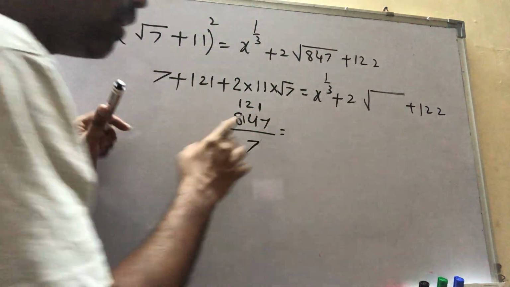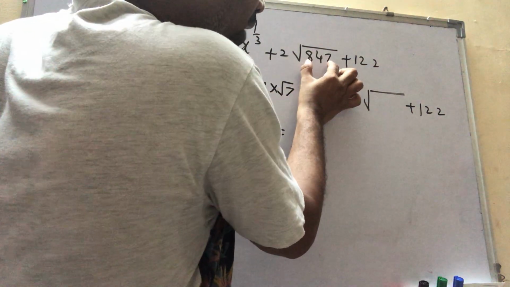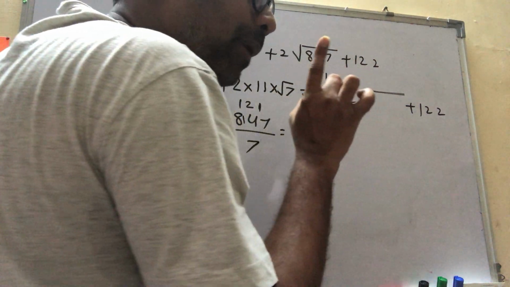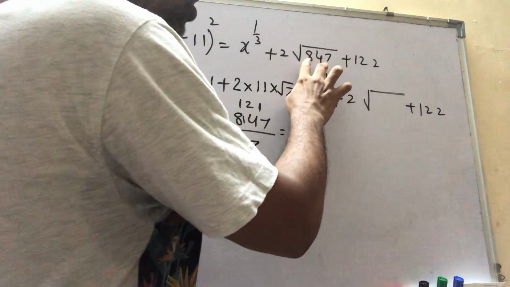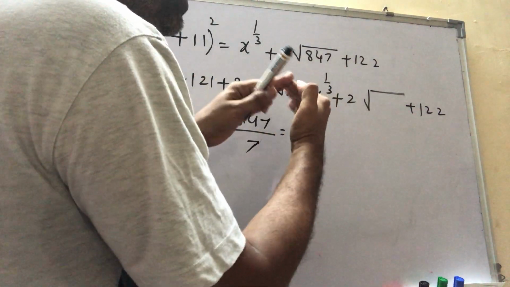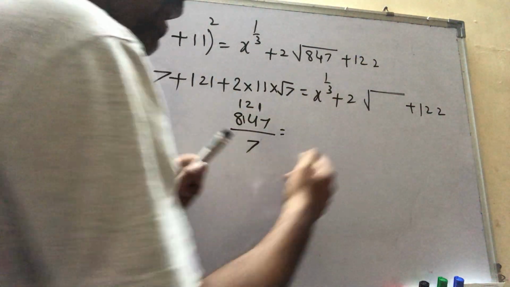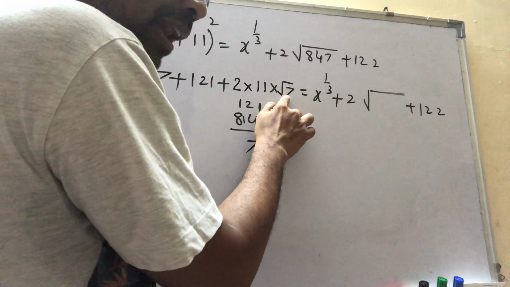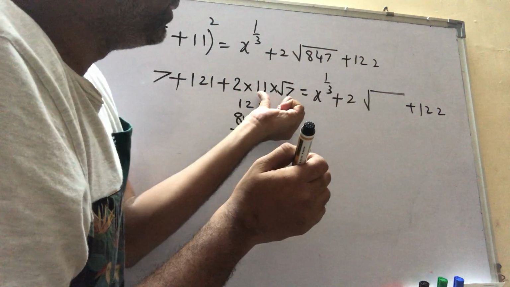So remember why. Now look here, this 847 is not a perfect square, so I have to split 847 in such a way that in the square root I will get 7 and 11 will come outside like this.